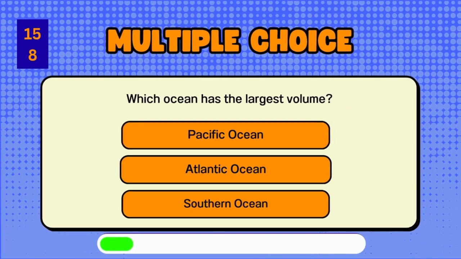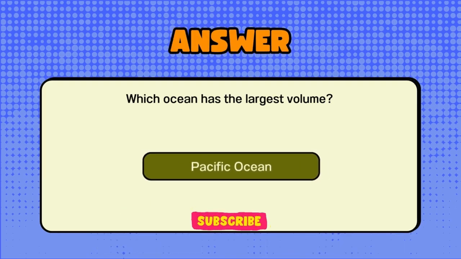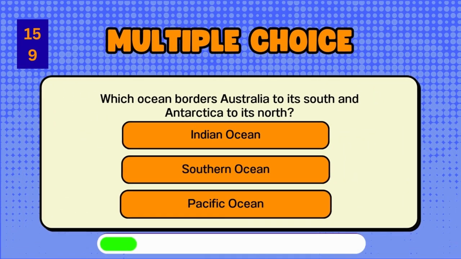Which ocean has the largest volume? Which ocean borders Australia to its south and Antarctica to its north?